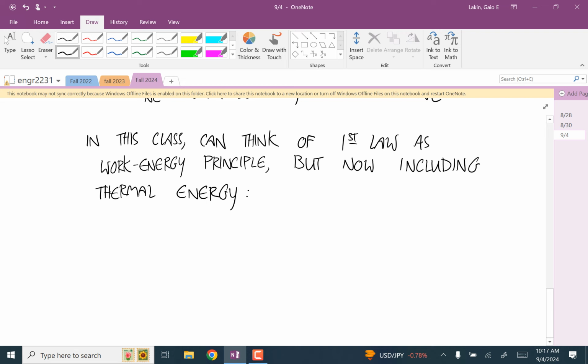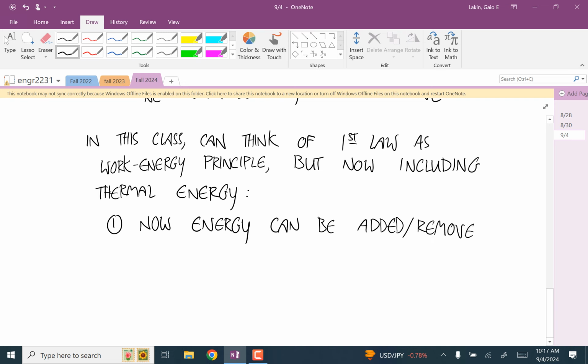So what this means is now energy can be added or removed from the system by still work. Remember that the definition of work is a change in energy caused by the application of a force.